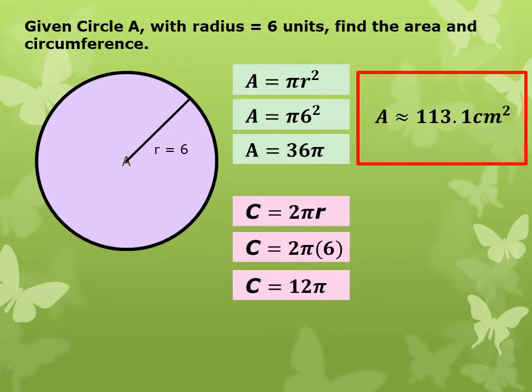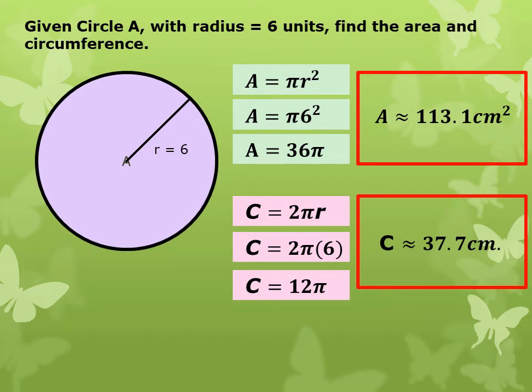Multiplying by 3.1416, the circumference is approximately 37.7 units. That is the formula for the area and circumference of the circle. We review this because we are going to use these formulas as we go on with our discussion of the sector and segment of a circle.